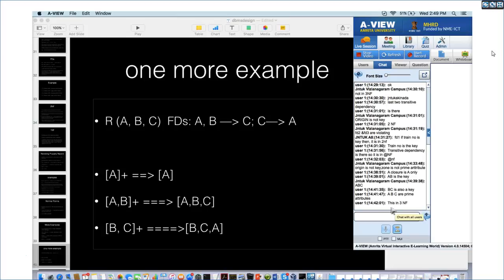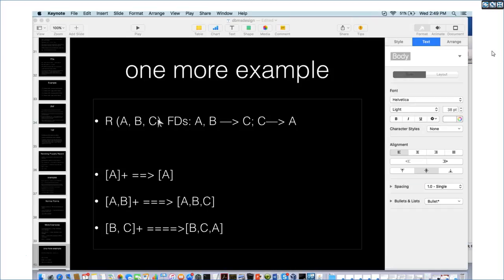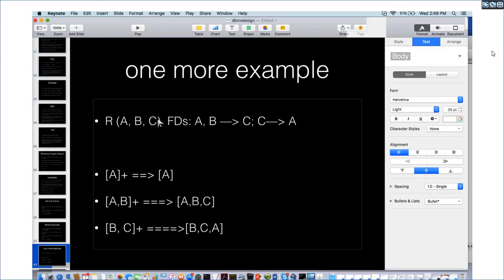User 1 has got it right. I will modify this and give just one more to see if you can solve this problem. C to D and D to A, and just quickly compute which normal form this is in.